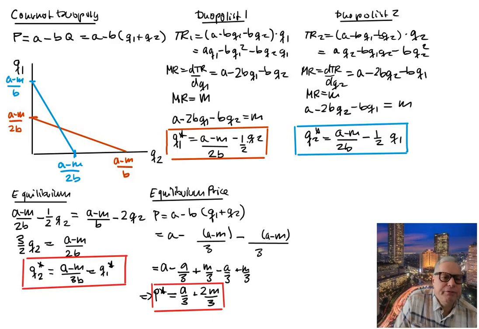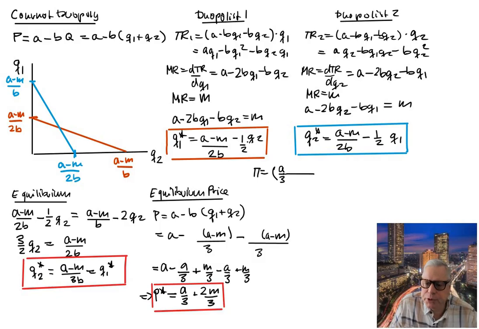And the profit is total revenue, which is the price. Okay, I hope it will fit in here. So it's the price, which is A over 3 plus 2M over 3.